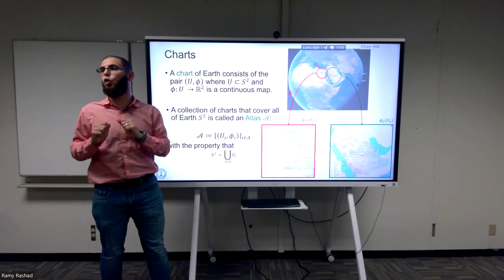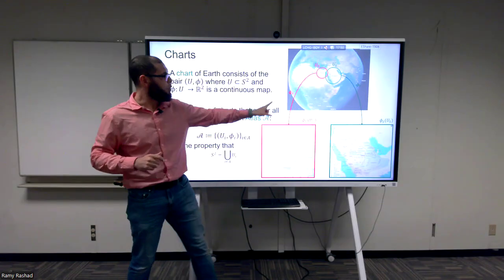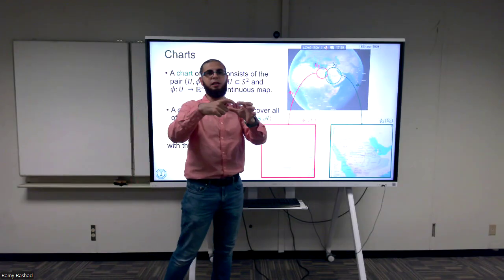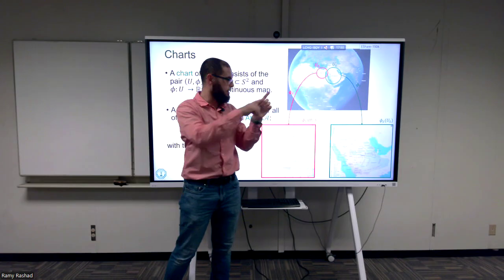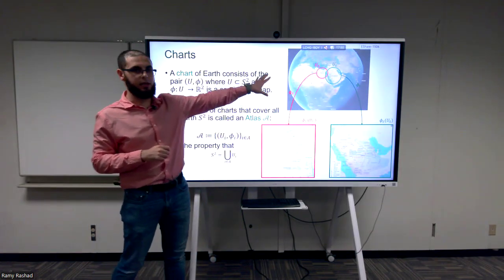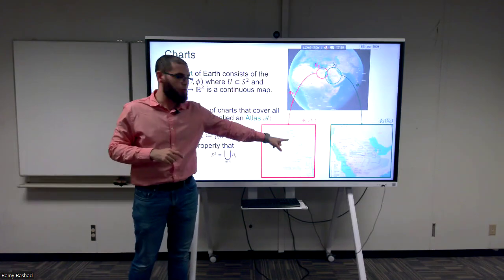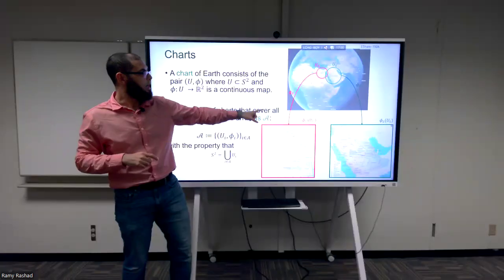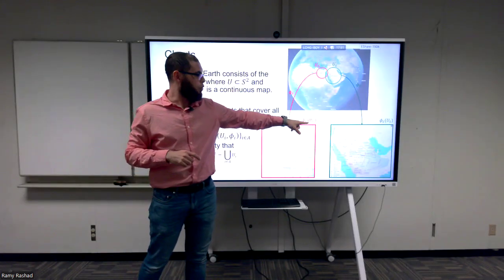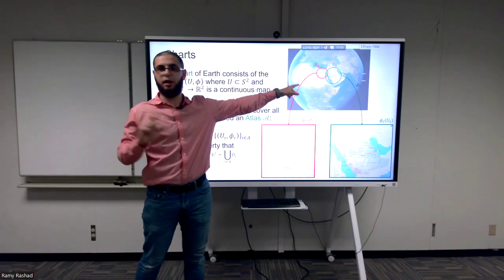The two together we call a chart. You cannot talk about a chart without saying what its corresponding region on the sphere is. In the figure, there's a red chart that would map some region with Egypt inside of it, and there's another map called Phi S that would map some region of Earth with Saudi Arabia inside.